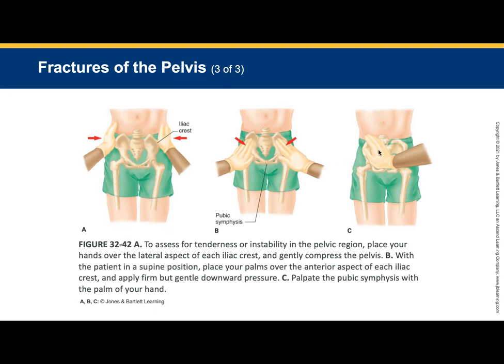Now, they don't like you to do these because if there's any type of major deformity in these bones and this area are broken, or we saw in here earlier that these are broken, you can actually create more damage by doing a pelvic assessment. They tell you to mainly palpate the area, do a quick assessment.